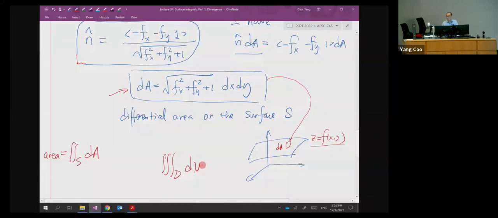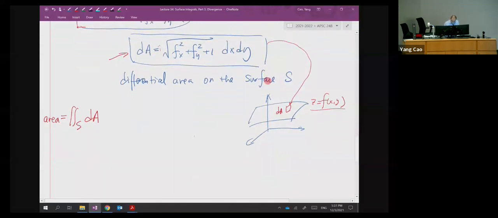So if you have such a question, all you need to do is substitute dA over here, and then calculate the rest of the integral as if it's a double integral. That's basically how you can make use of the dA right here.